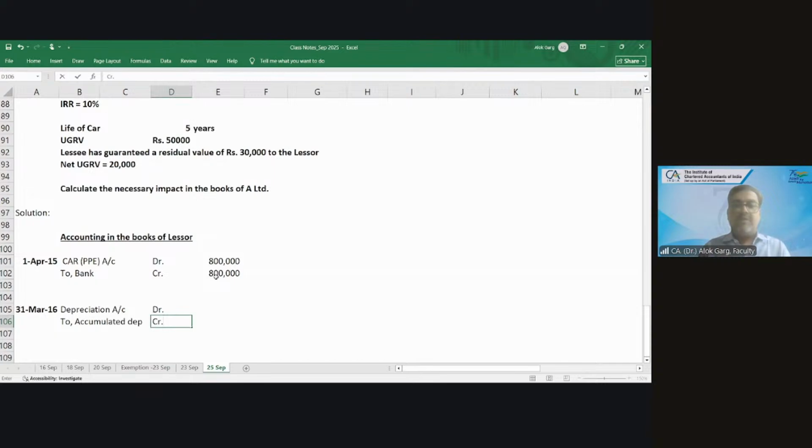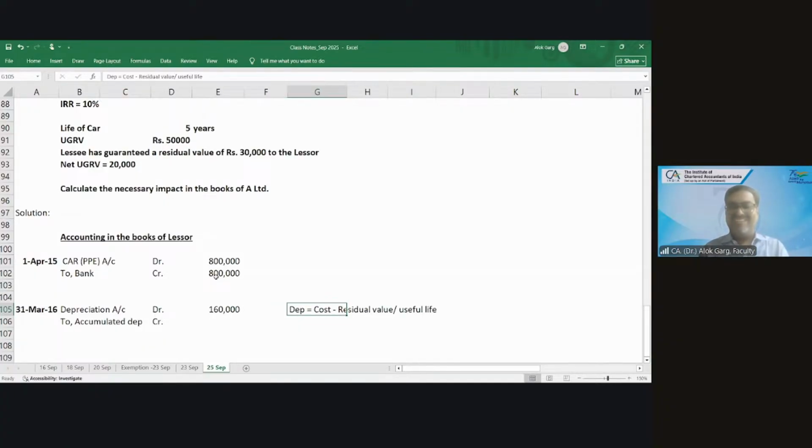What is the depreciation? 8 lakh minus 50,000 divided by 5 years, that is 1,50,000. Depreciation is equal to cost minus residual value divided by useful life.